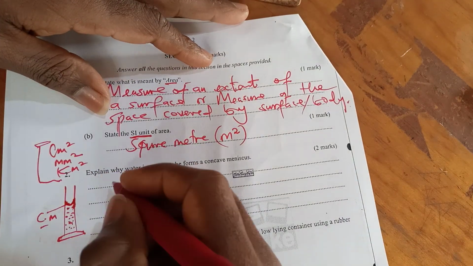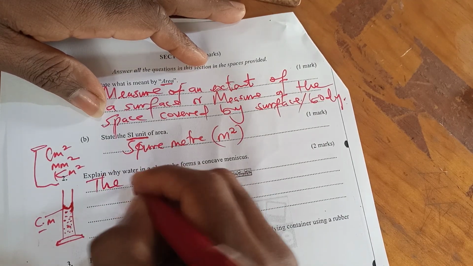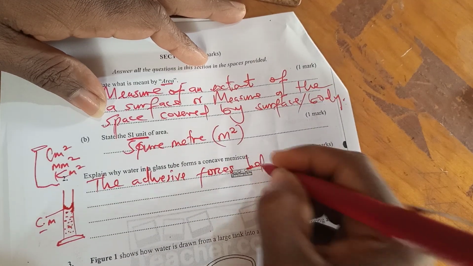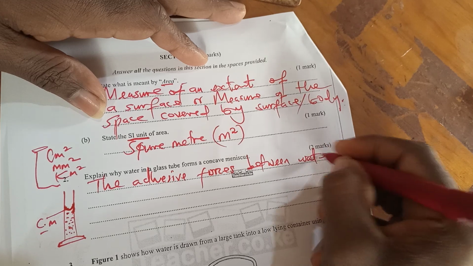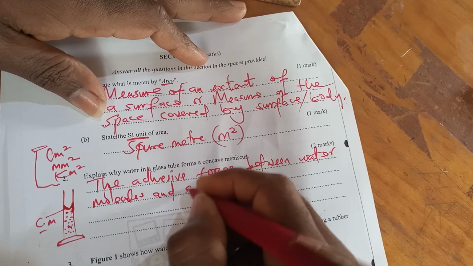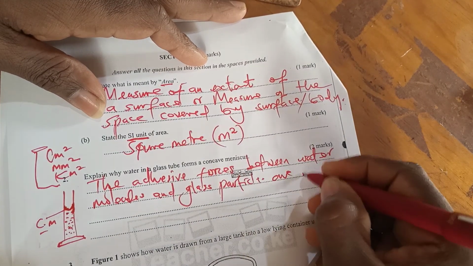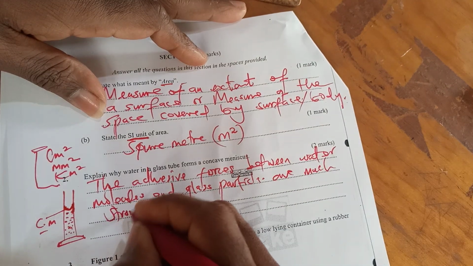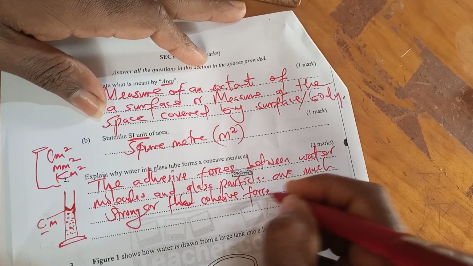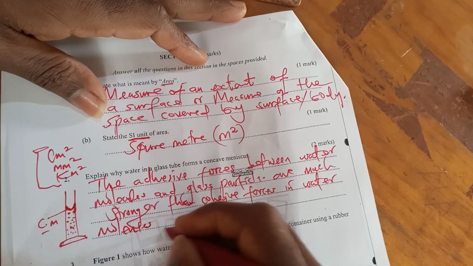So we usually say the adhesive forces between water molecules and the glass particles are much stronger than cohesive forces in water molecules.